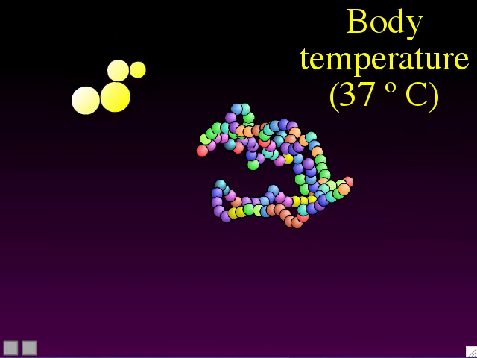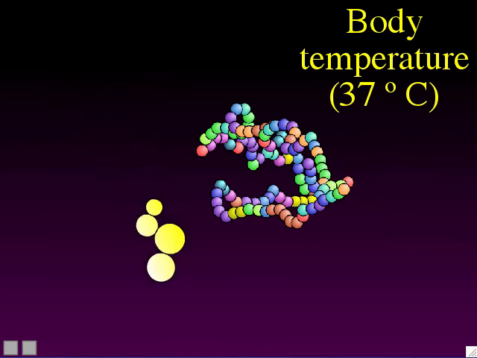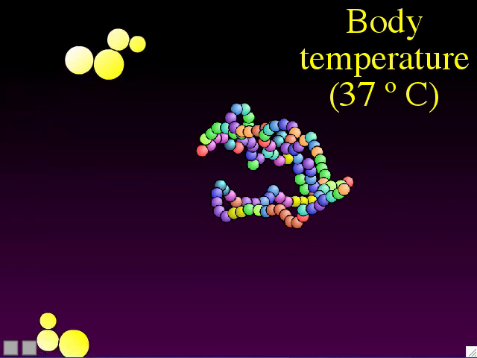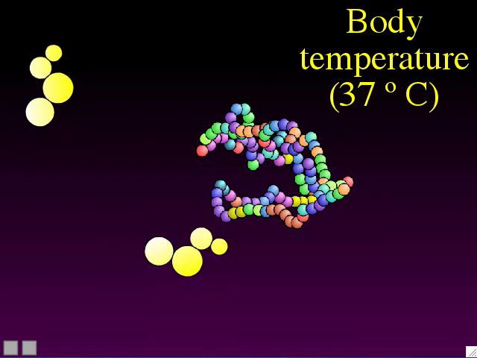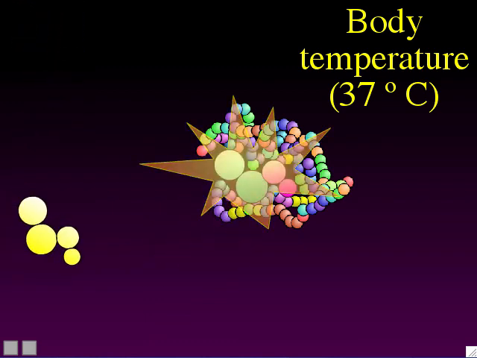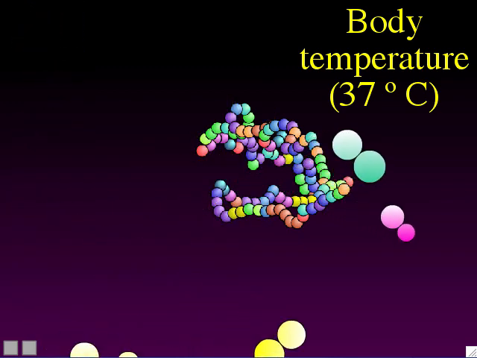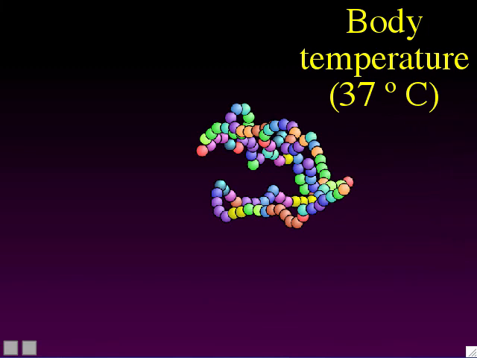Thanks to the fact that those substrates are moving around fairly quickly, one of them is just going to happen to run into the enzyme, and so you'll get the reaction happening fairly frequently, like you see there. What I'm saying is that at body temperature, the molecules are moving fast enough so that the enzyme is able to carry out its reaction at a pretty high activity, at a pretty fast rate.